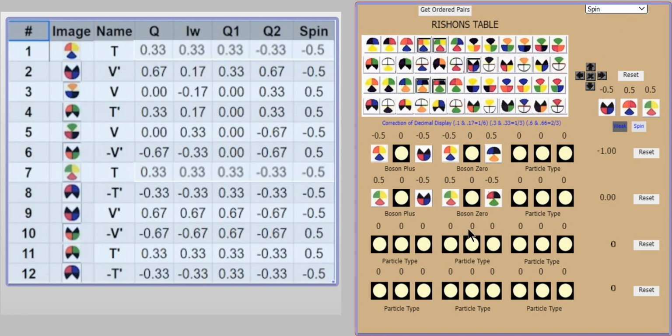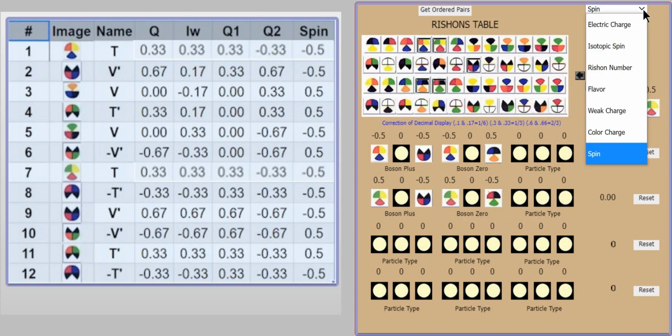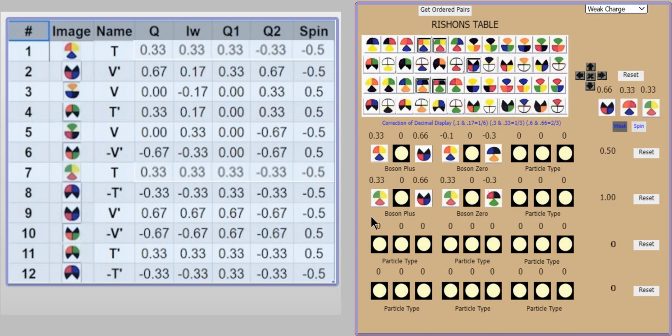Now, if we look here, we see we have a W boson which has an isospin of 0, and we have a possible photon that also has an isospin of 0. And if we look at the weak charges on these, we'll see that they are correct, where we have a weak charge of 1 and a weak charge of 0 on the photon.